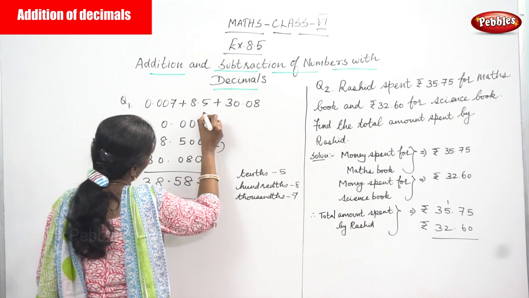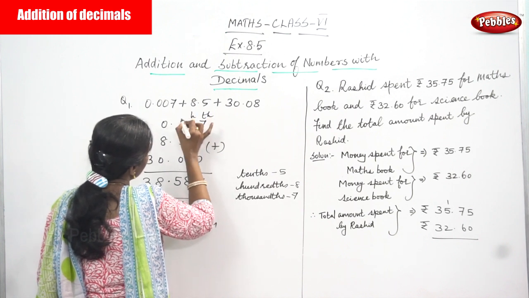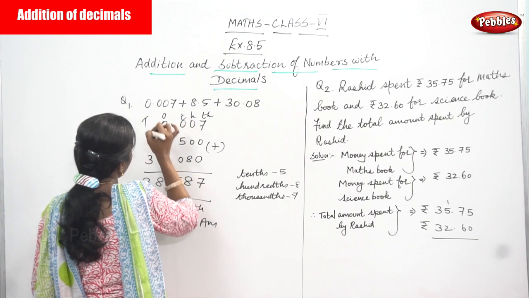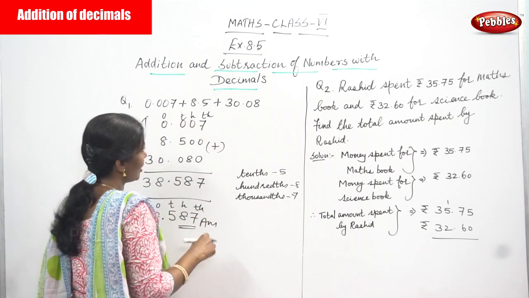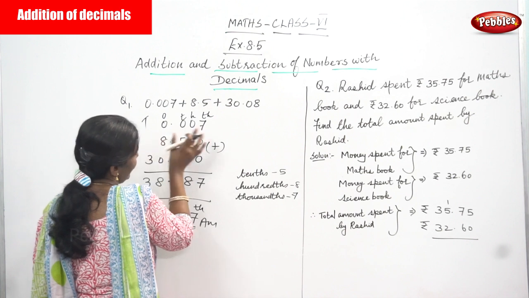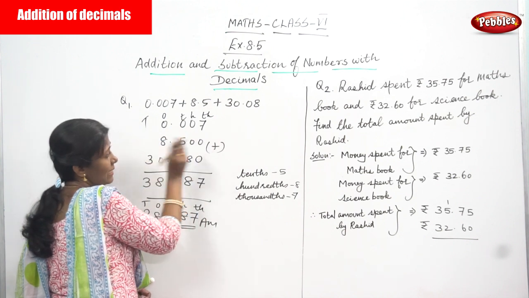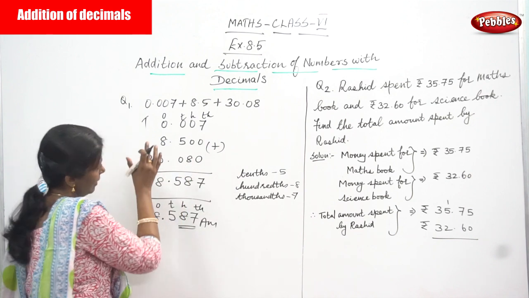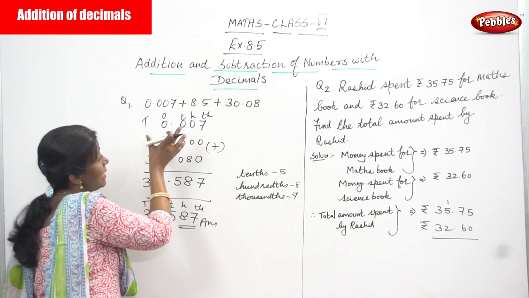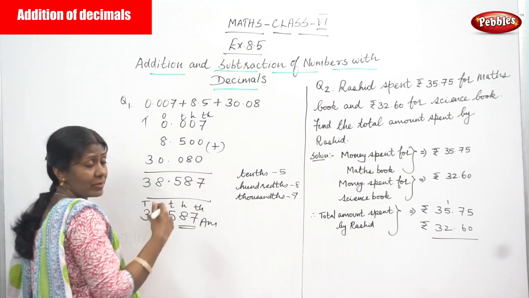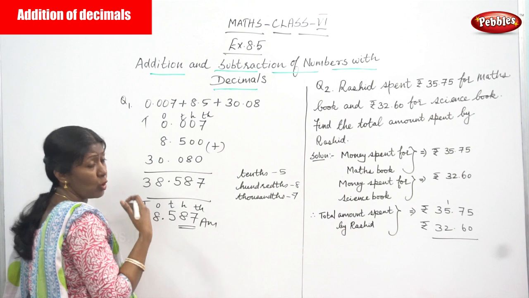This is thousandths, this is hundredths, this is tenths, this is ones, and this is tens. First you have to write the place value, then write the number according to the place value. You must know how to arrange the numbers in decimal. Then you write all the numbers and after that you just add like a normal addition.